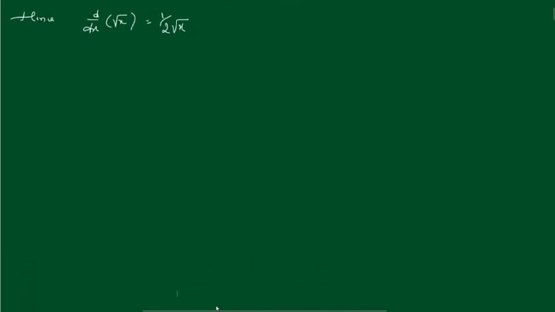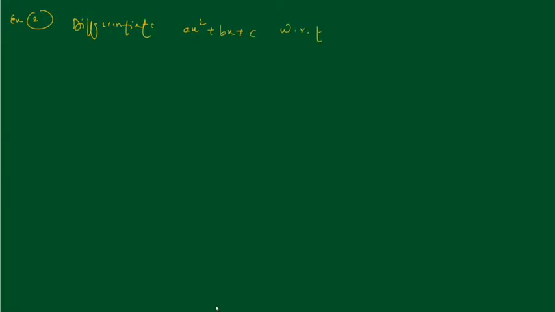So next, one more example we will see here. This is example 2. Differentiate ax square plus bx plus c with respect to x from first principle. Let's see the solution for this one.